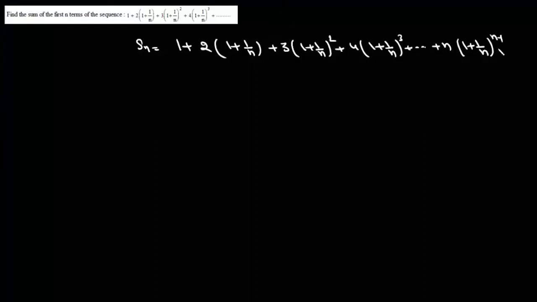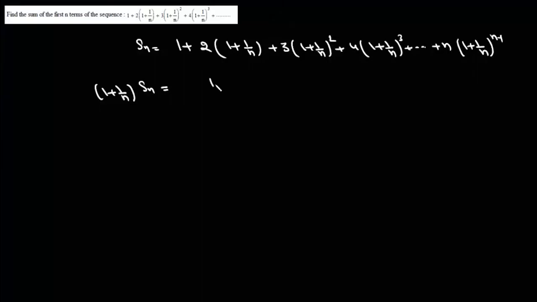Now it's an AGP, and for an AGP what we'll do is we'll write the series again, and we'll multiply the series with its common ratio, which is 1 plus 1 by n, and we'll displace this series by one term.